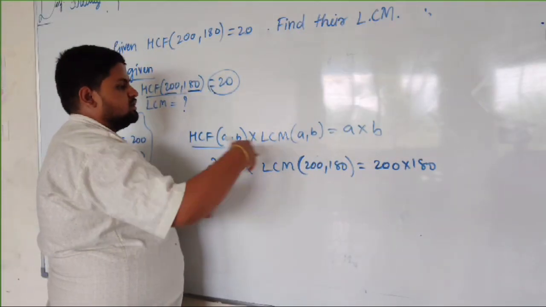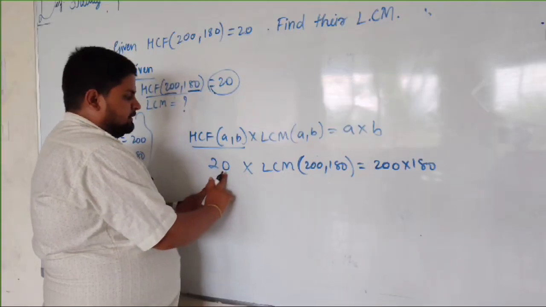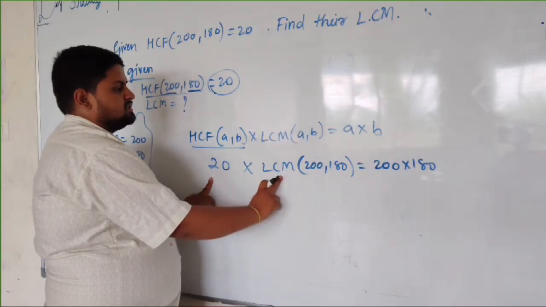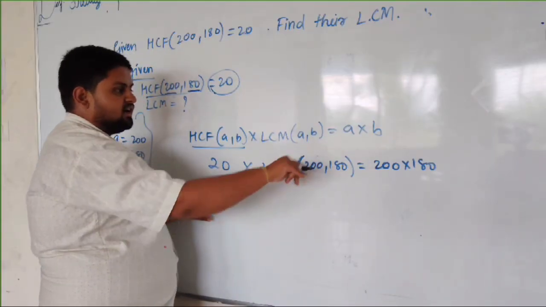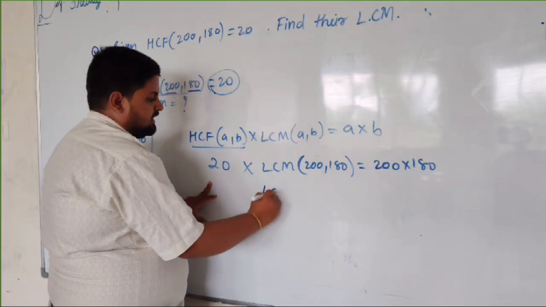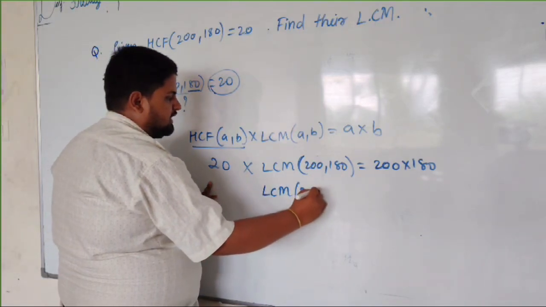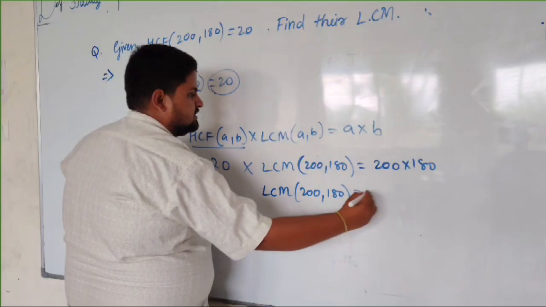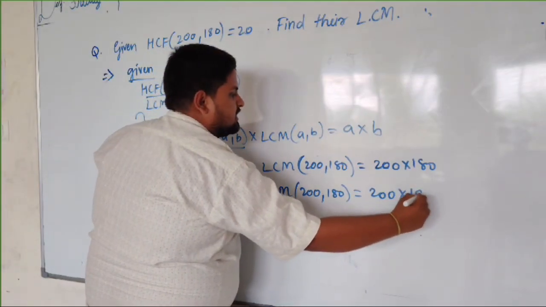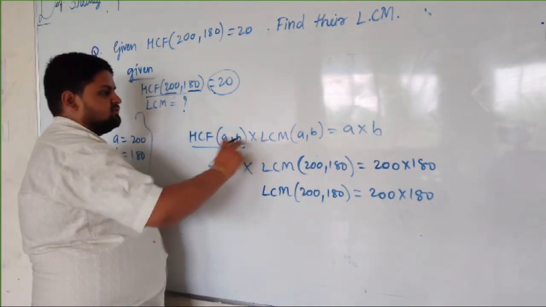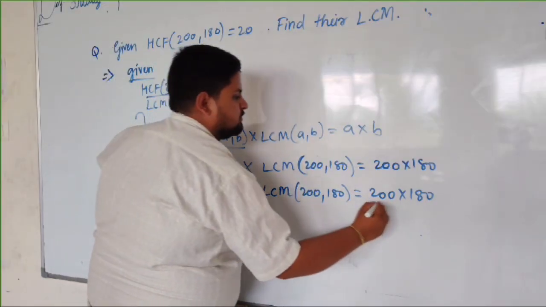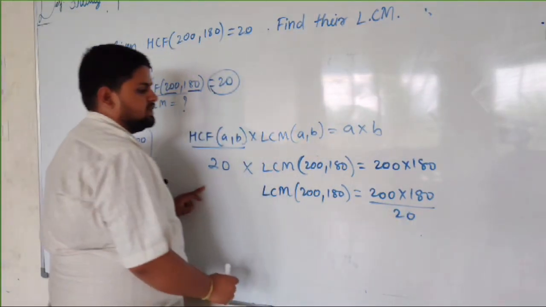If I send this 20 to the RHS, the 20 multiplied by LCM becomes divided by 20. So LCM of 200 and 180 is equal to 200 into 180 divided by 20.